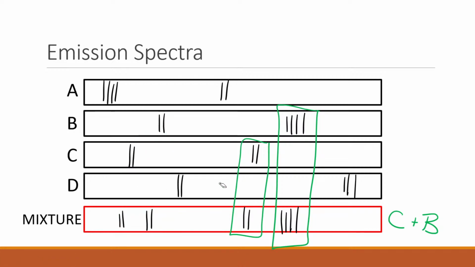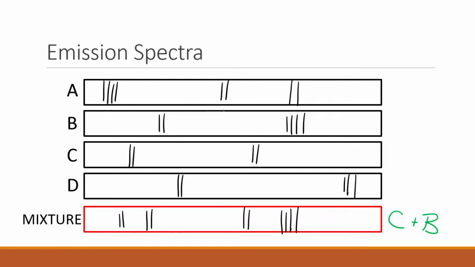This is an all or nothing process. None of the lines from D show up, so D is not in this mixture. None of the lines from A show up, so A is not in this mixture. But let's say for a second that A has these 2 lines as well. Even though some of the lines from A show up, the rest of them aren't there.